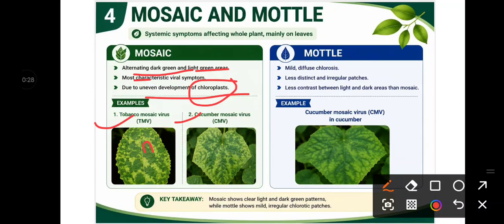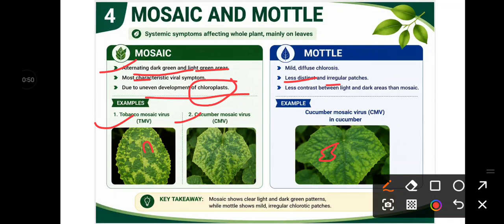Then the mottling. In mosaic the alternate dark and light green areas are clearly distinct, whereas in mottling they are less distinct and irregular. It is diffuse, with no clearly distinct areas.